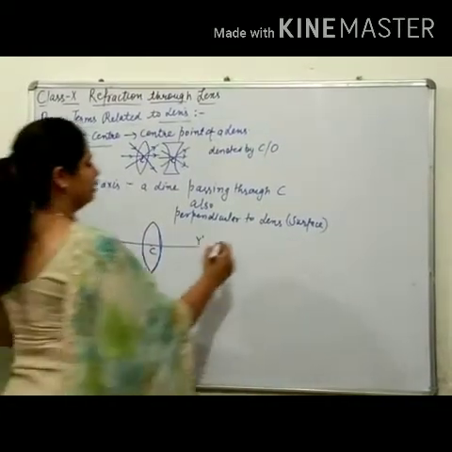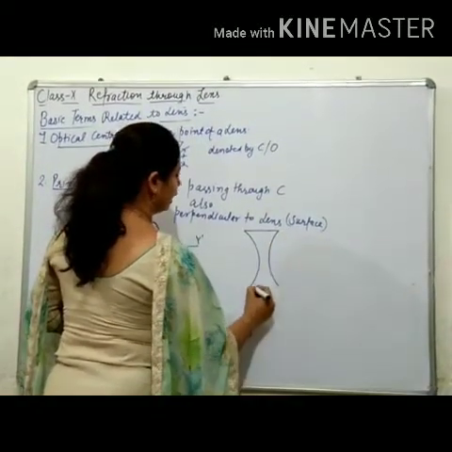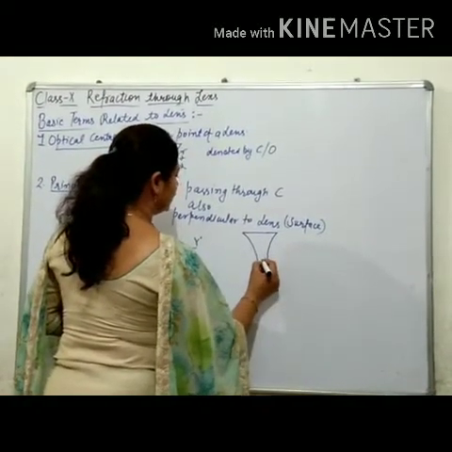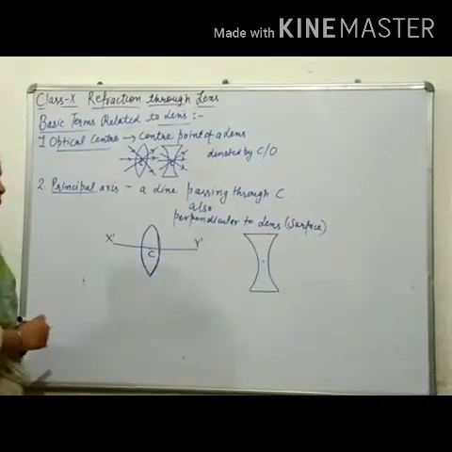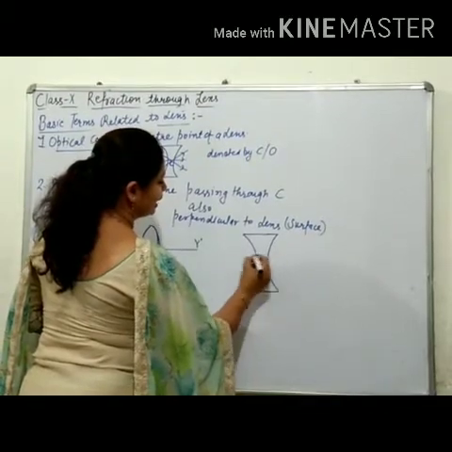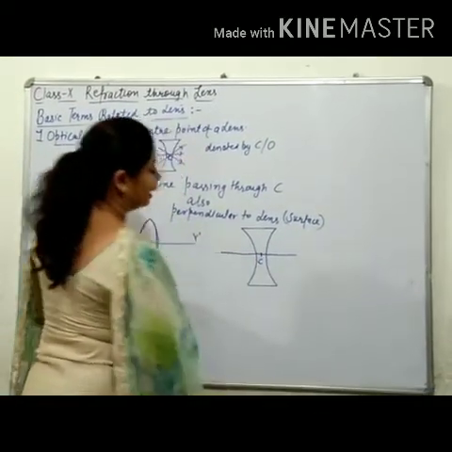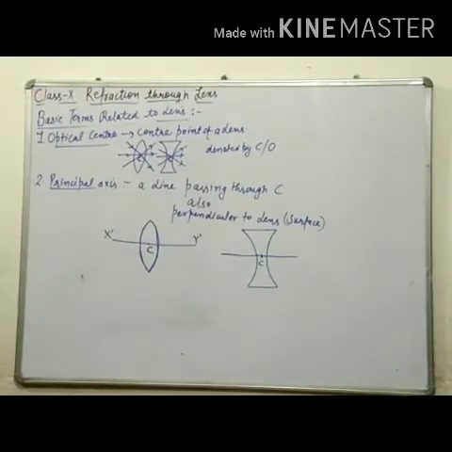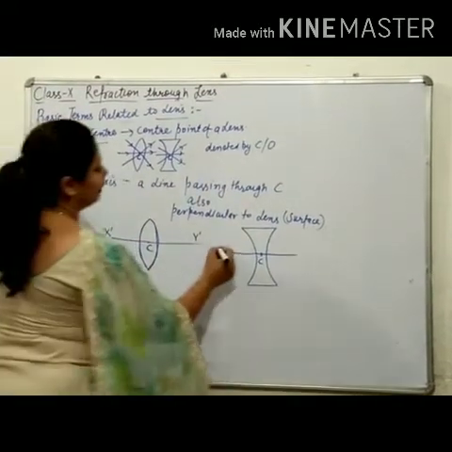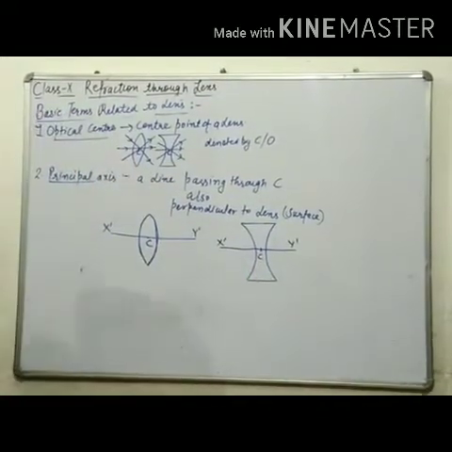Same is the case with the concave lens. This one is our concave lens, and its optical center is represented by C. A ray which is passing through C and perpendicular to the two surfaces is known as principal axis, denoted by X dash and Y dash.